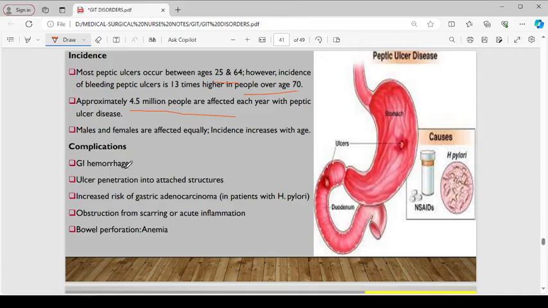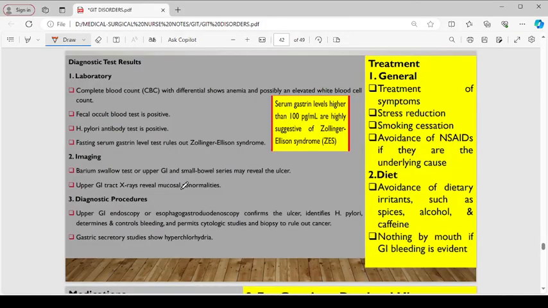So complications could be like GI hemorrhage, which is 13 times higher in people over age 70. Ulcer penetration into adjacent structures, increased risk of gastric adenocarcinoma in patients with H. pylori, obstruction from scarring or acute inflammation, and bowel perforation and anemia.